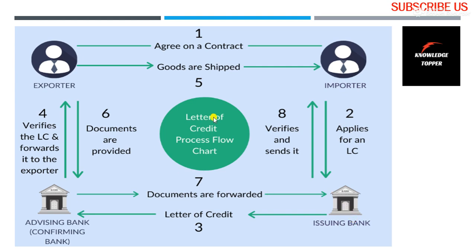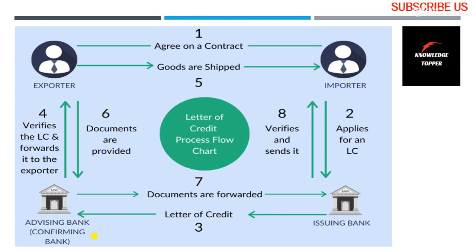There is an exporter, who is the seller and is also involved in international trade. And the fourth party is the advising bank, which is sometimes also called the confirming bank. The advising bank is the one who advises the LC to the exporter and acts on behalf of the exporter.